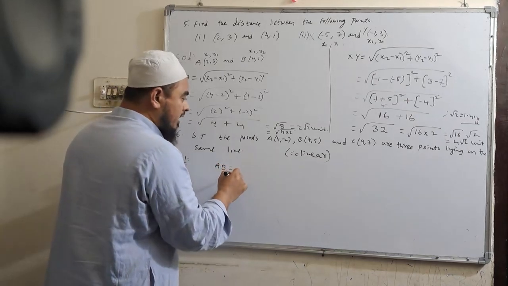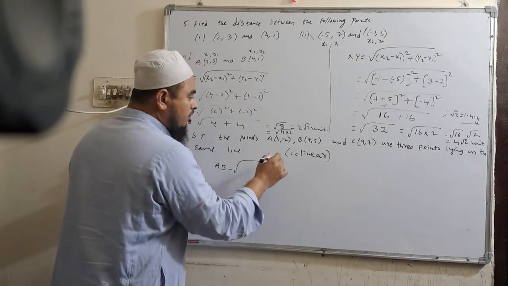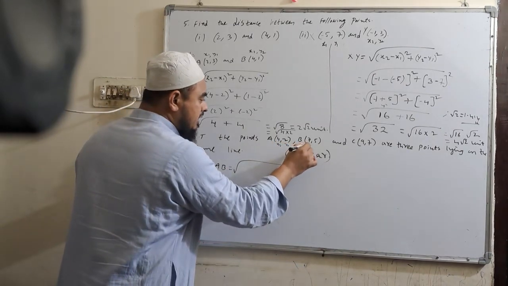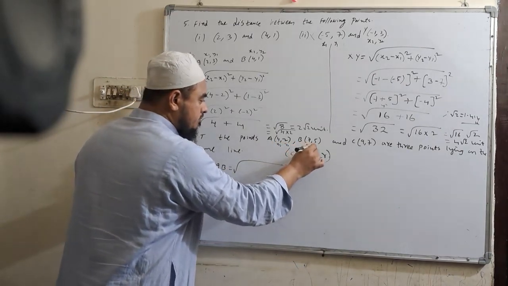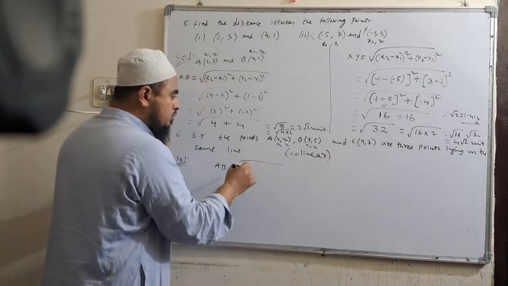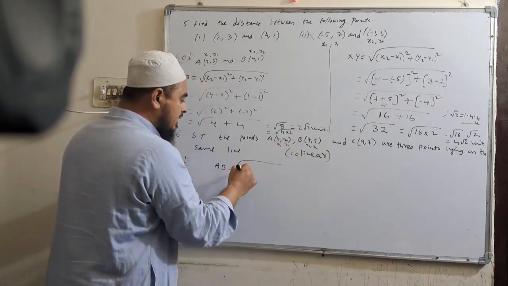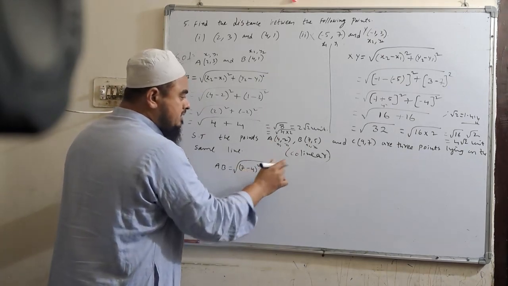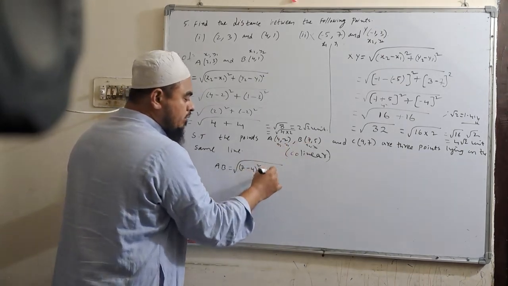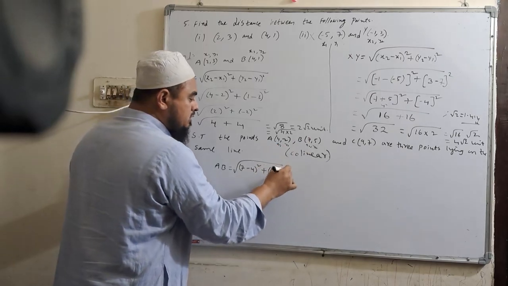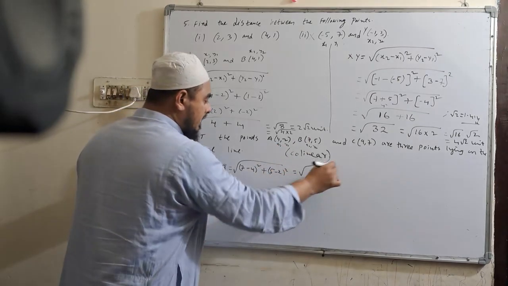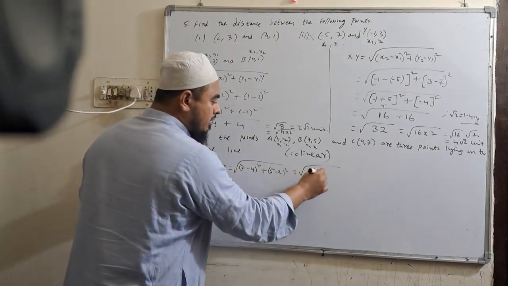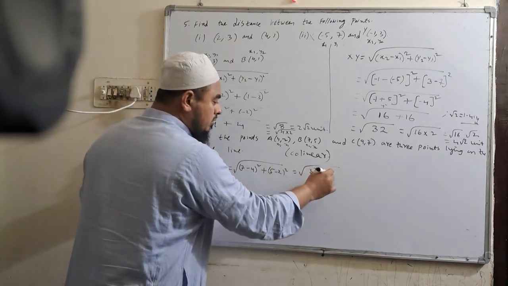Okay, so first you have to find AB. So square root of, here you can identify this is x1, y1. This is x2, y2. So you can write x2 minus x1, that is 7 minus 4 square, plus y2 minus y1, which is 5 minus 2 square. So what do we get here? 7 minus 4 square is 3 square. 5 minus 2 square is also 3 square.